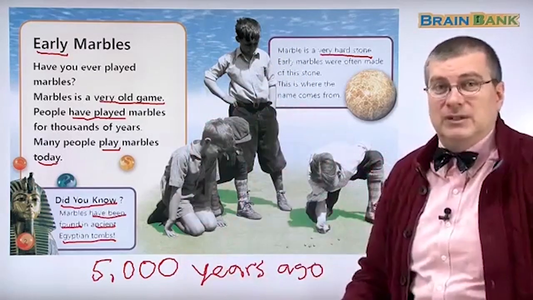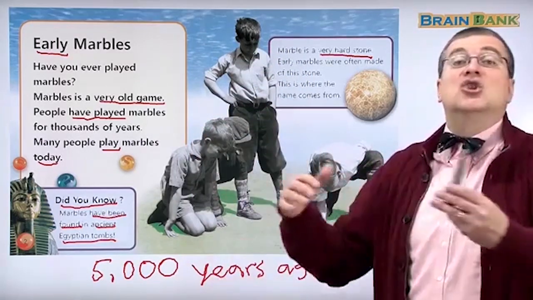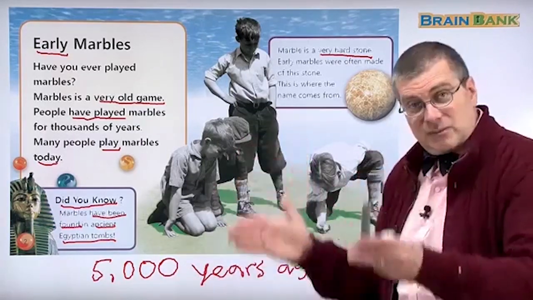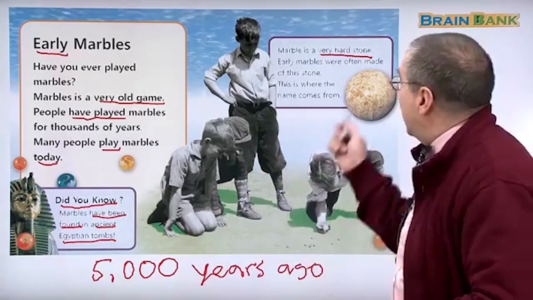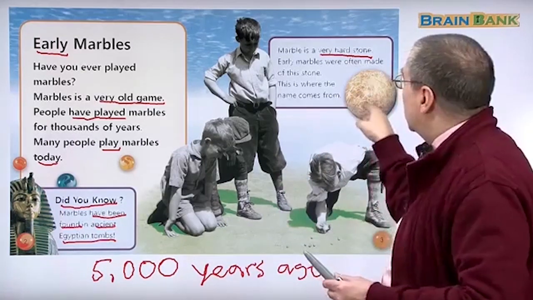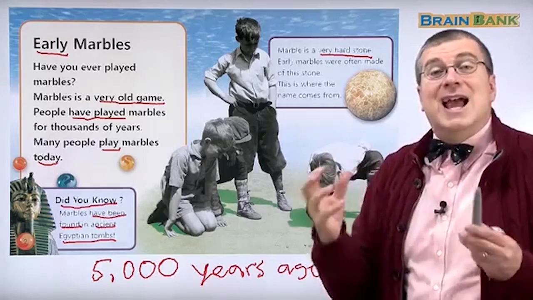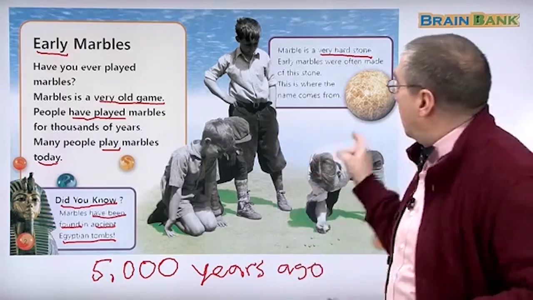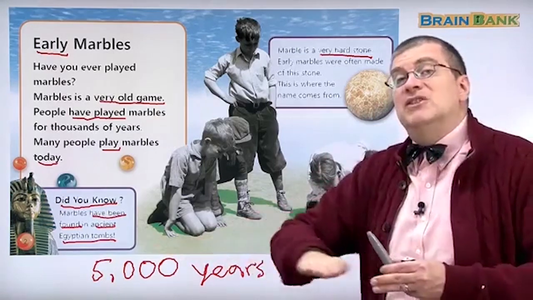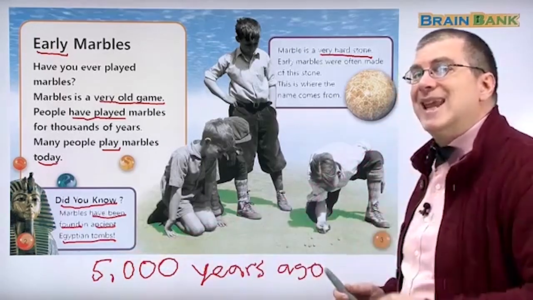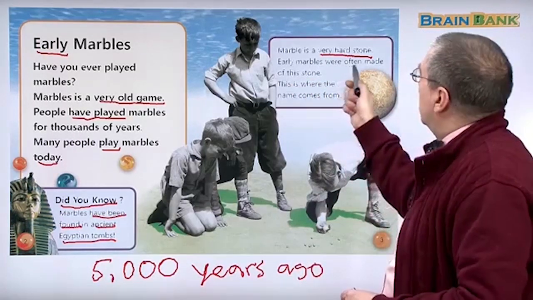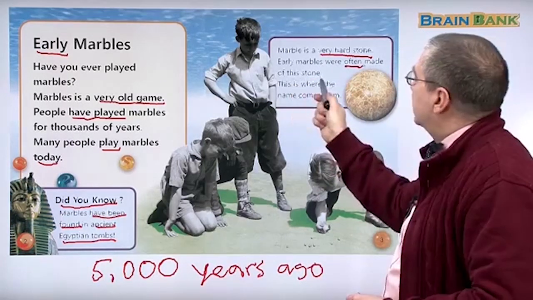So office buildings, hotels, luxury apartments, they will have marble on the floors, sometimes on the walls. And this is a stone that is used. And these were used to make marbles. That's where the name comes from. So marble is a small toy, but it's also a type of stone. Early marbles were often made of this stone.